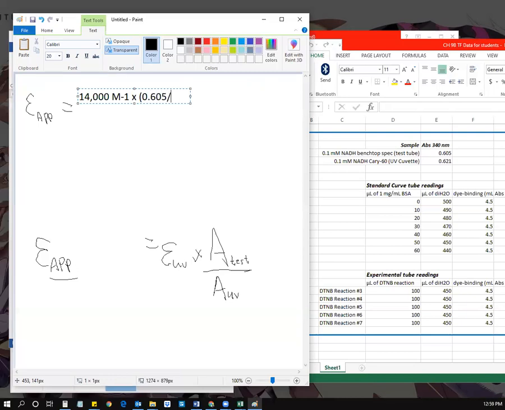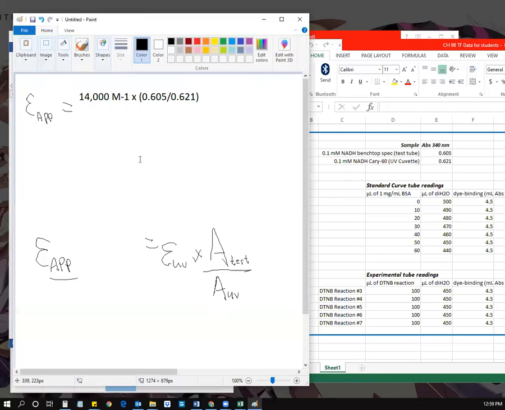Remember that absorbance is unitless, so that does not have a unit there. And then we're going to divide that by the UV absorbance of NADH at 340 nanometers, which is going to be 0.621.